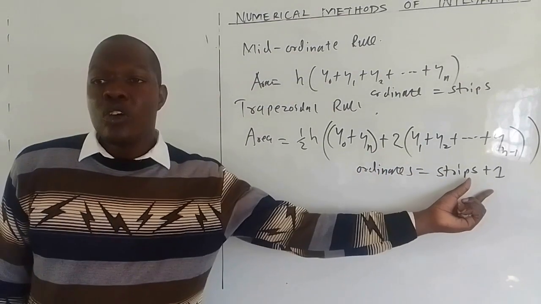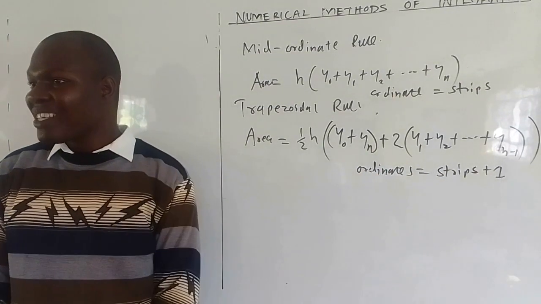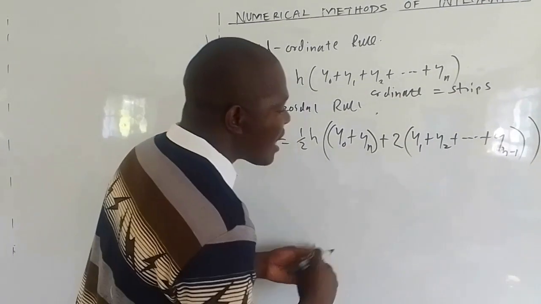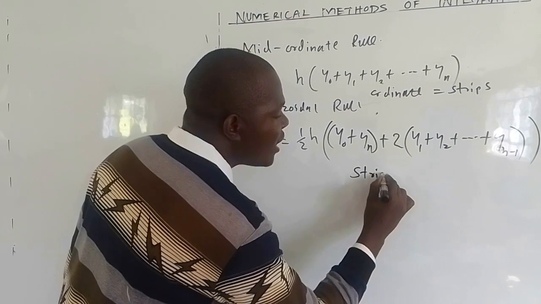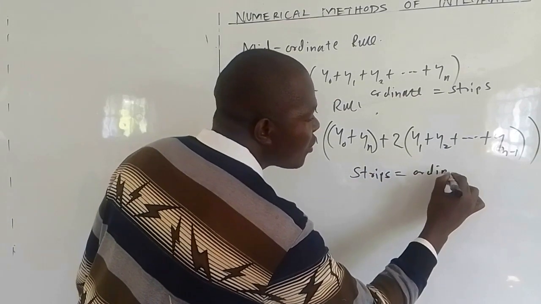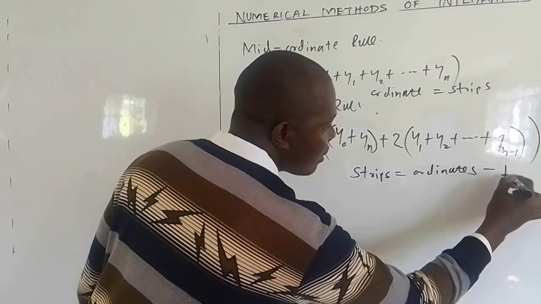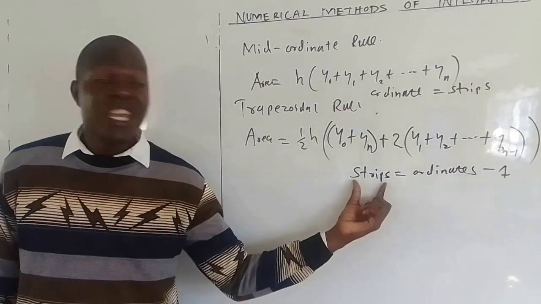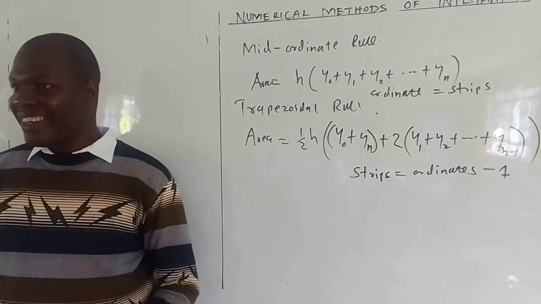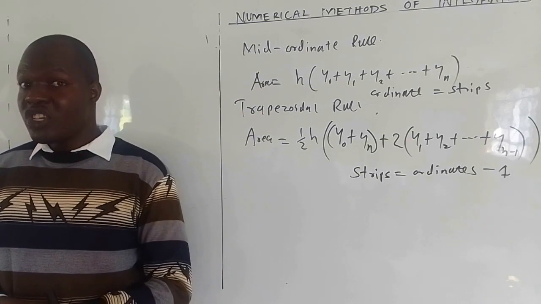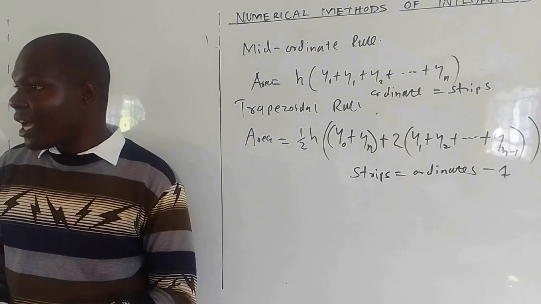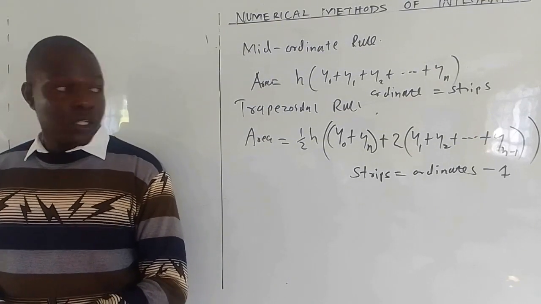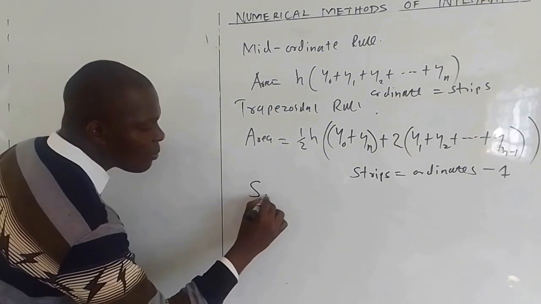So to make it look neat, because strips is what we are dealing with, the number of strips is equal to ordinates minus 1. 9 ordinates means 8 strips, isn't it? Are we together? Because it is the strips we are using to approximate the area, so we make the strip the subject.